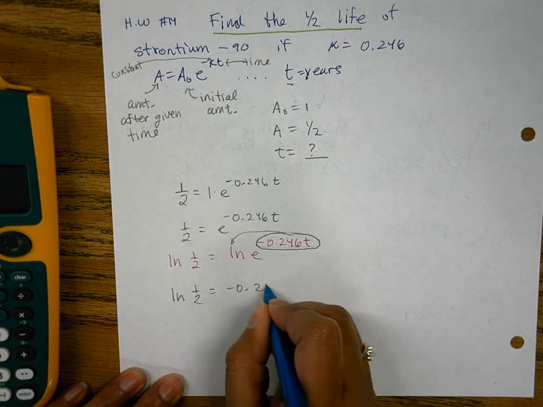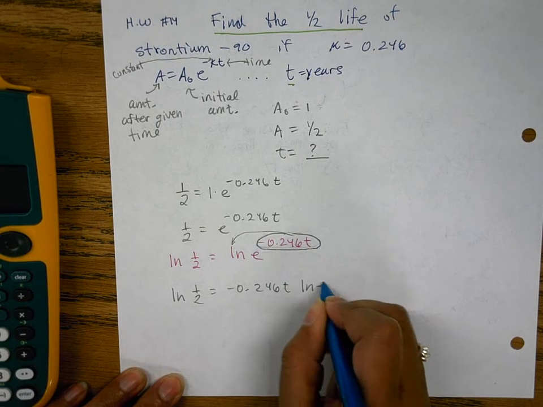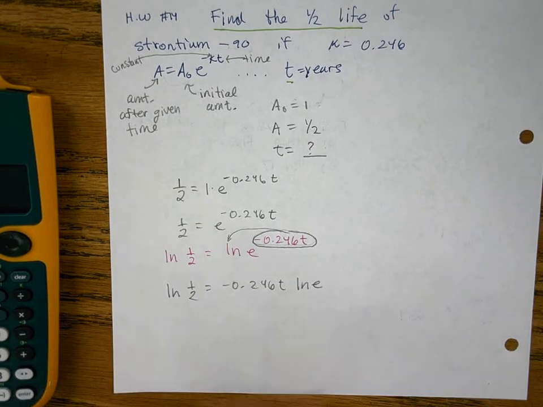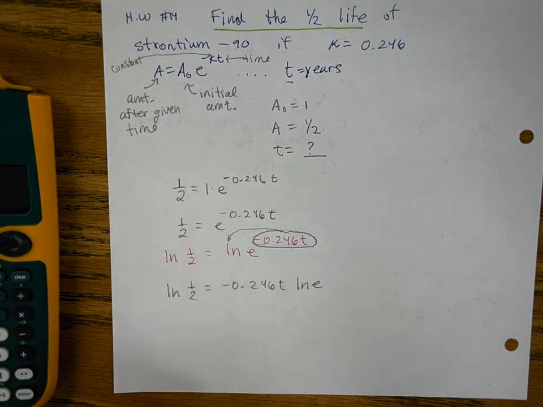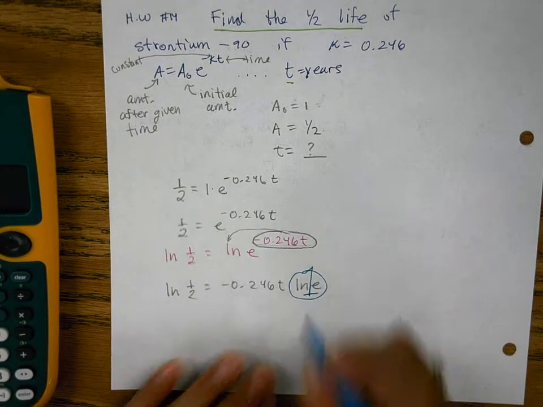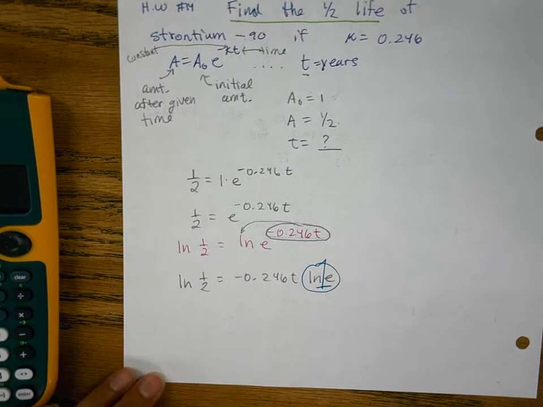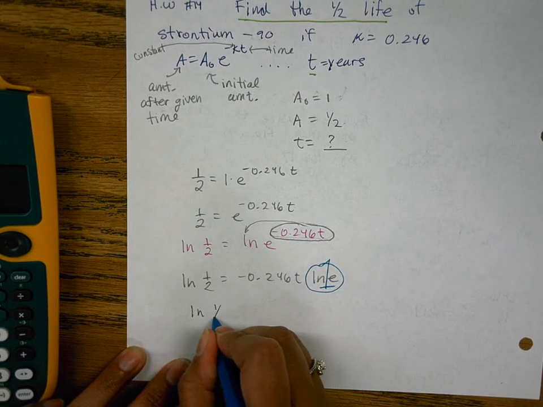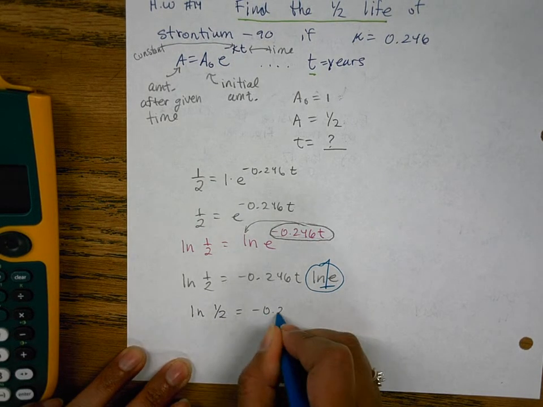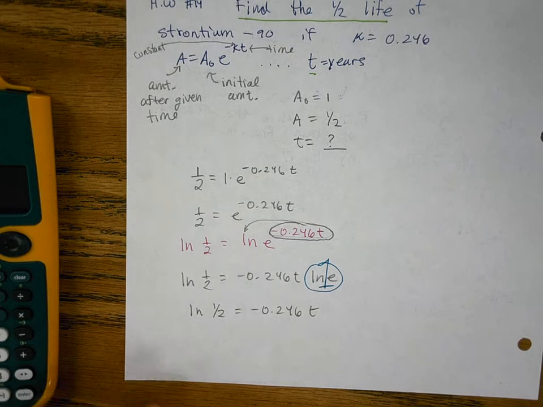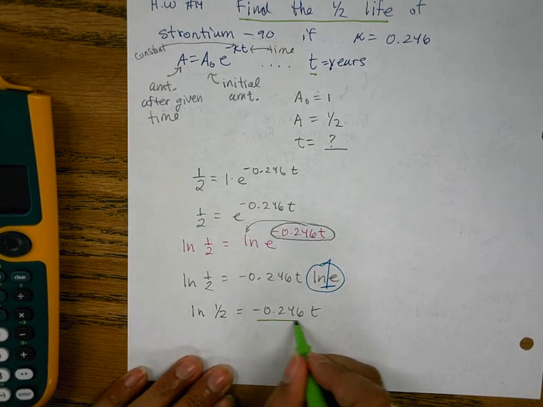So ln of 1/2 equals negative 0.246t times the ln of e. And we did talk about ln of e earlier. It is 1. And I explained it earlier on why. So I have ln of 1/2 equals negative 0.246 t.